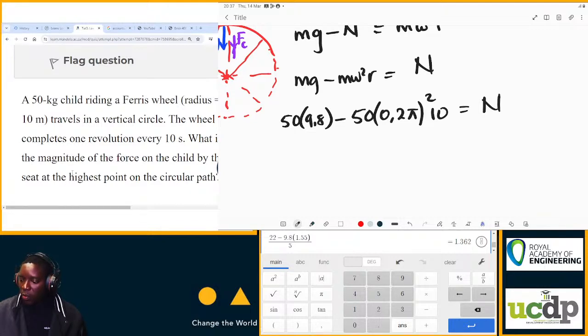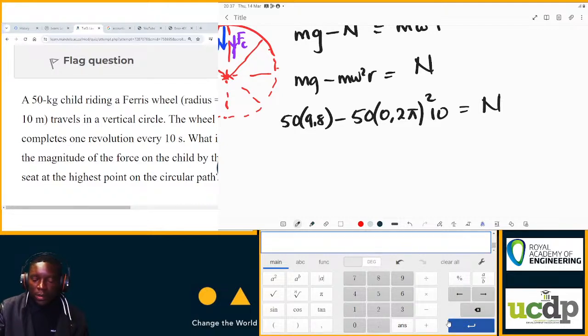Now we do the enumeration. There is my calculator. 50 times 9.8, subtract 50 times 0.2 pi squared times 10.